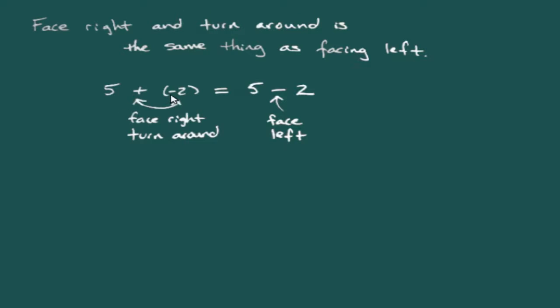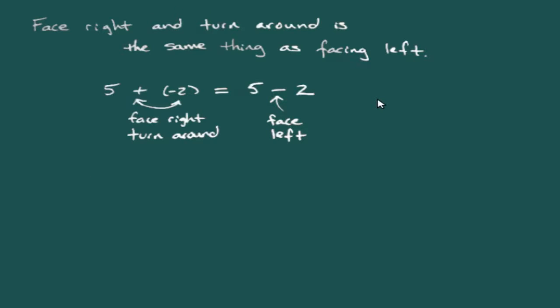So face to the right, turn around is exactly the same thing as saying just face to the left. And so 5 plus a -2 gives us the same answer as if we did 5, face to the left, take 2 steps, and so we get an answer of 3 in both cases.